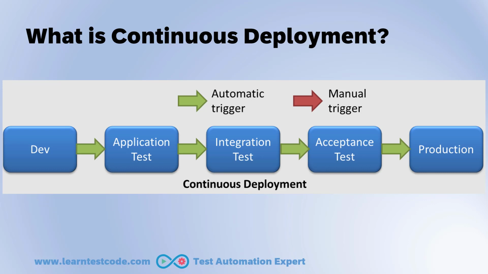And the value of continuous deployment is that the whole process is automated. So if a developer is committing the code, all phases of automation after that to the production are automated.